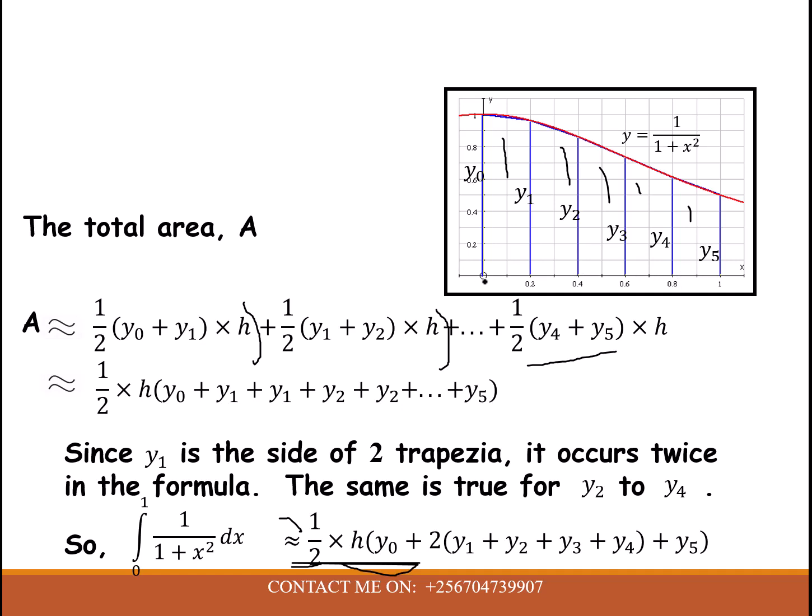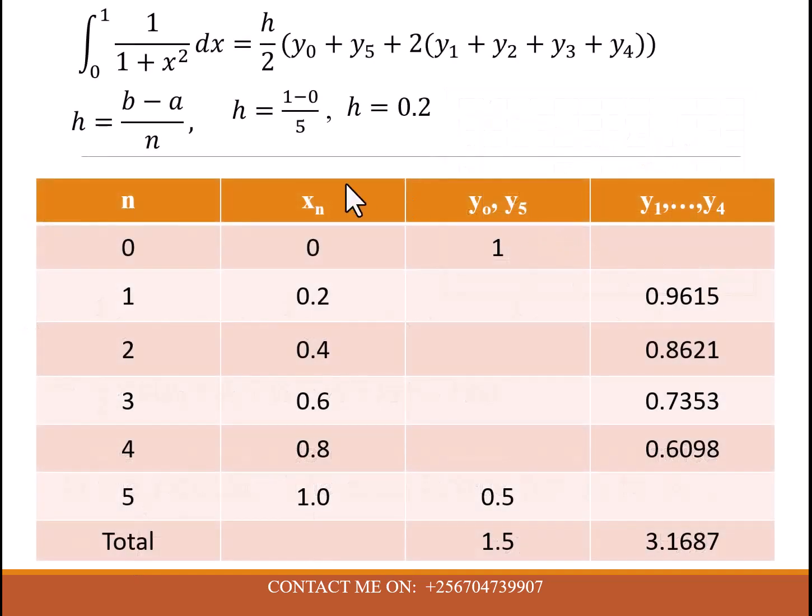So our X0 is 0, but our X1 is 0.2. So we keep adding 0.2 until we get to the last value, which is the maximum, the upper limit. So here we have X0 as 0, then we add our width, which is 0.2, and we continue adding the same width until we reach the upper limit.